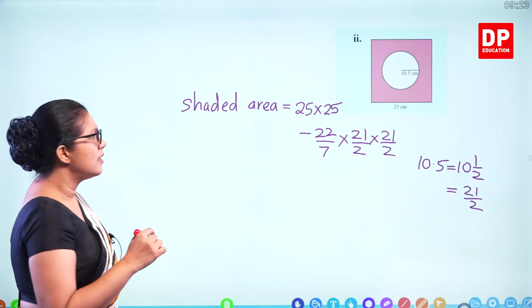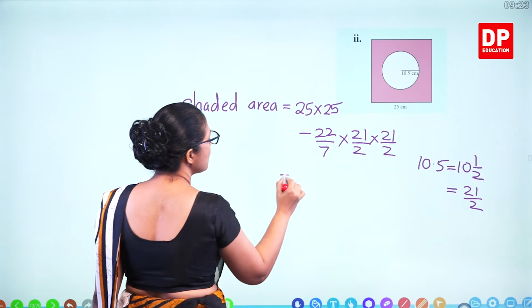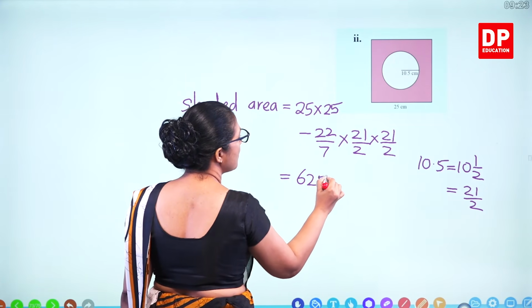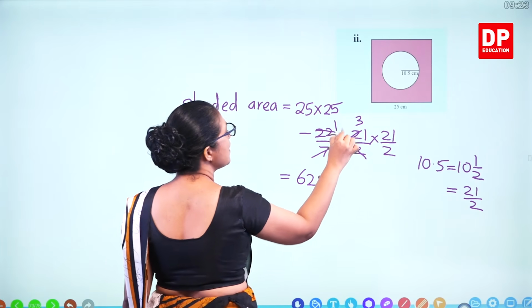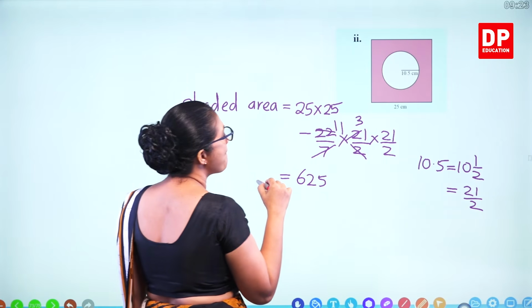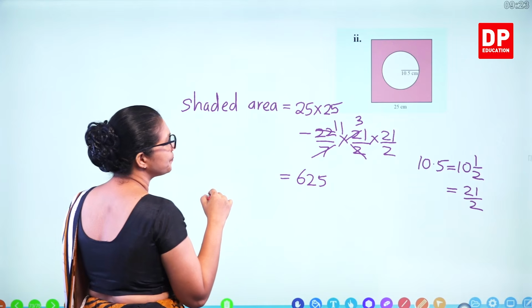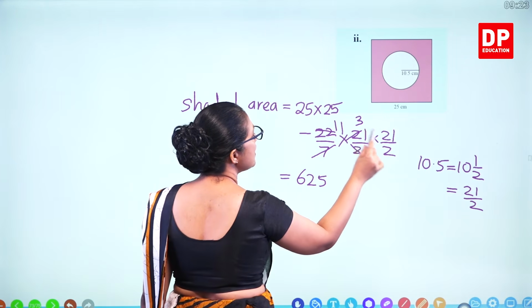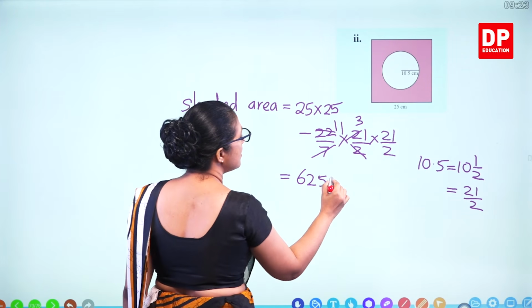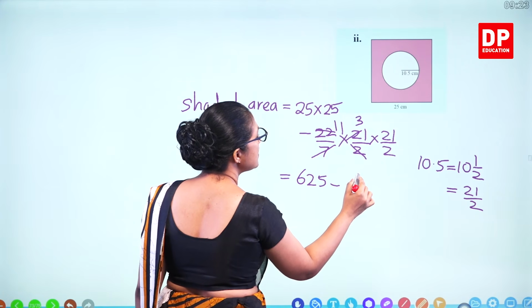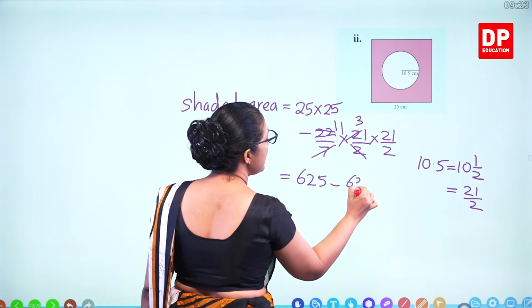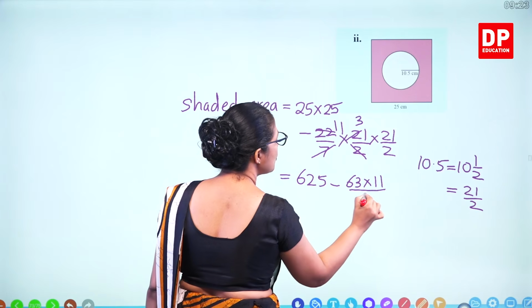Now we'll do that. 25 times 25, 625. Here 7 times 3, 2 times 11. So you get 3 times 21. 3 times 21 is 63 into 11 divided by 2.